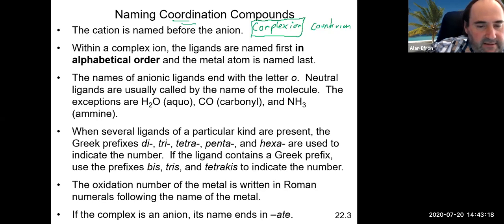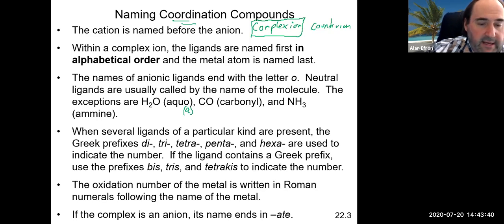Now, names of anionic ligands will end with the letter O. Neutral ligands are sometimes called by the name of the molecule, and there are some exceptions, like water, which is known as aqua. Some books use A-Q-U-A instead.